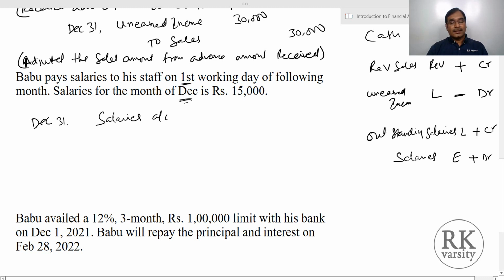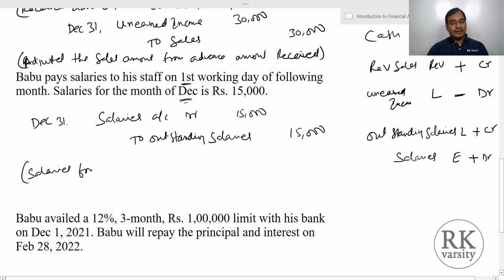Salaries account debtor to outstanding salaries. That means this salary we owe to our employees, or this is a liability that we have to clear in a coming month. So the amount is 15,000 and 15,000.